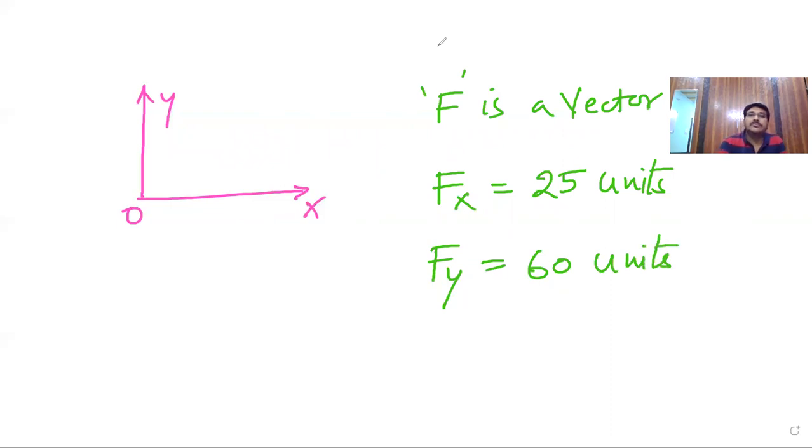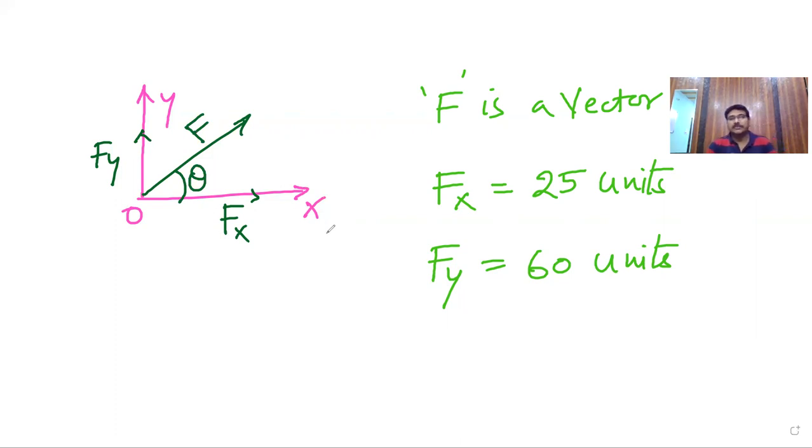Here I represent the component of F along x and the component of F along y. Now this will be the resultant vector F. Its direction is at an angle theta with respect to the x-axis. This is the simple, fundamental problem.